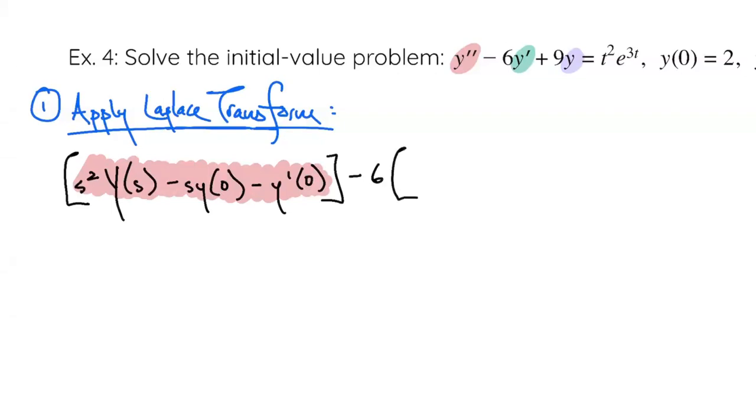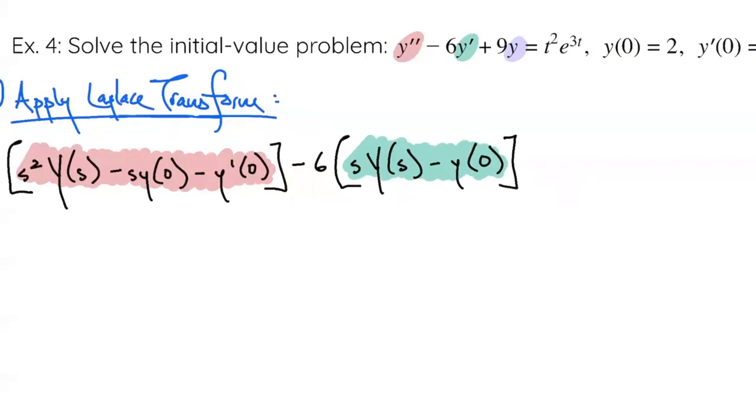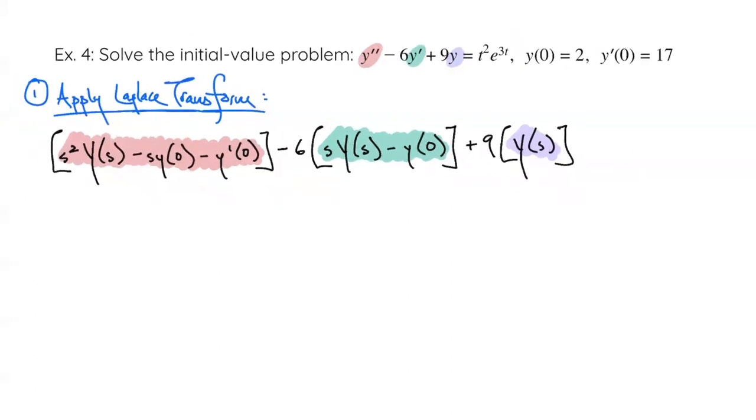All right, let's plug in what we have for y prime. s Y of s minus y of 0. This corresponds to that y prime, plus 9. And I'm going to put brackets here, even though there's only one term here, so I technically don't have to. But now I've plugged in everything I need on that left-hand side, right? My y double prime, my y prime, and my y.